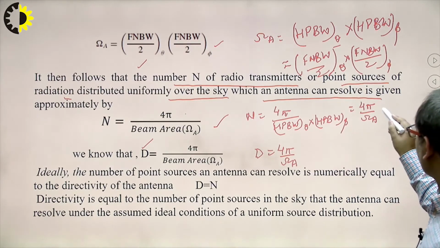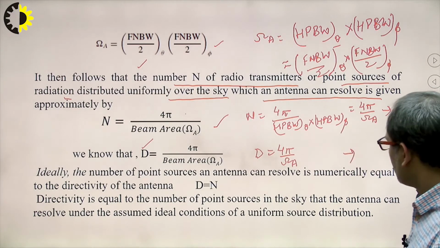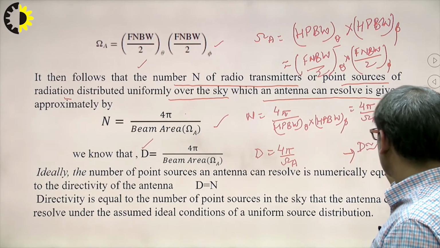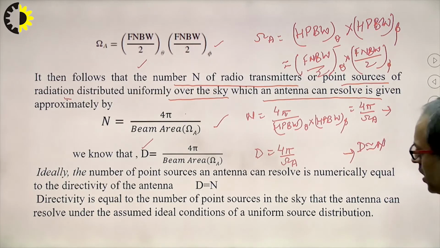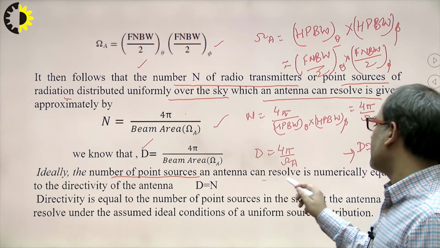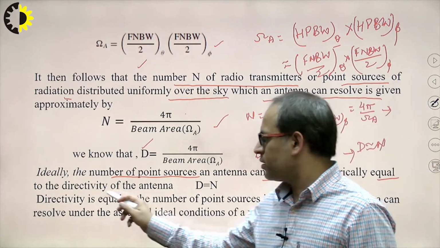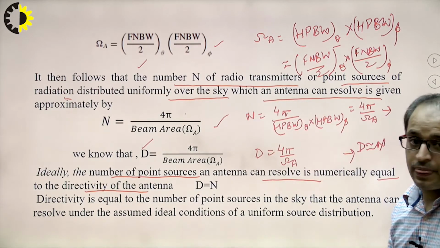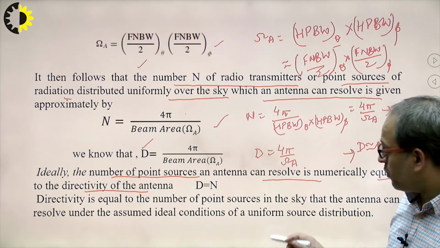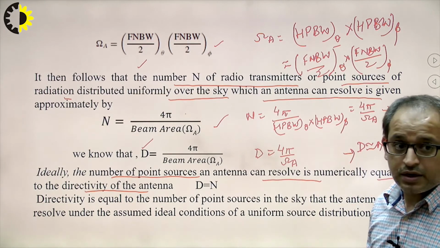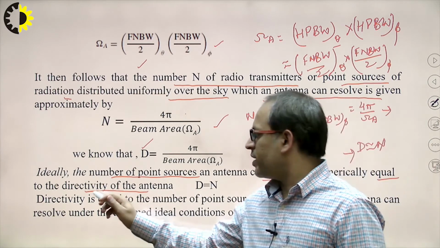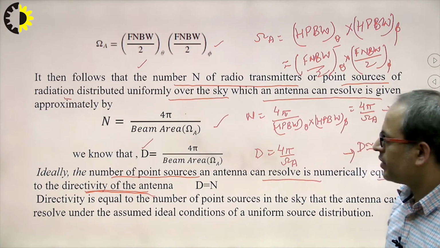So from this equation and this equation, you will see that D is approximately equal to N. The number of point sources the antenna can resolve is numerically equal to the directivity of the antenna. That means how many objects it can differentiate is numerically equal to the directivity of an antenna.